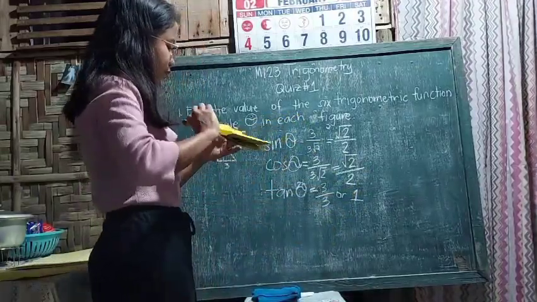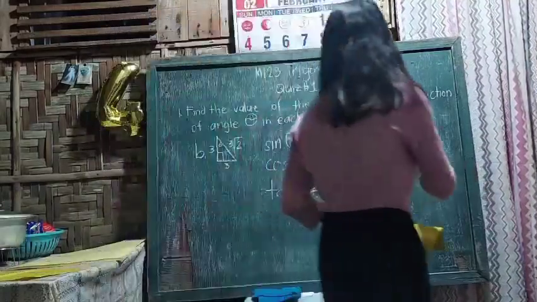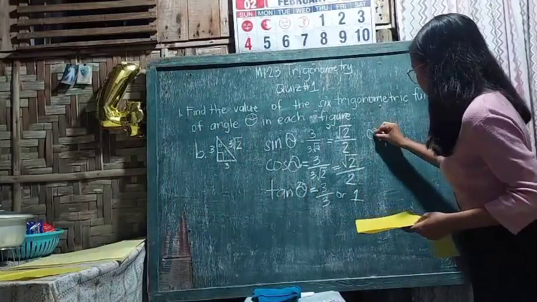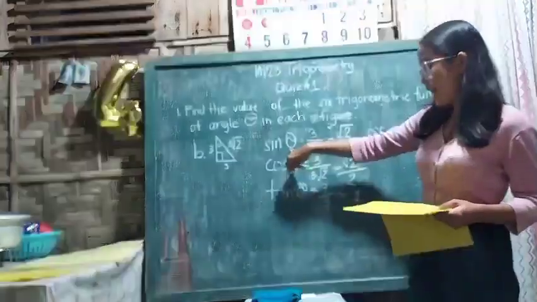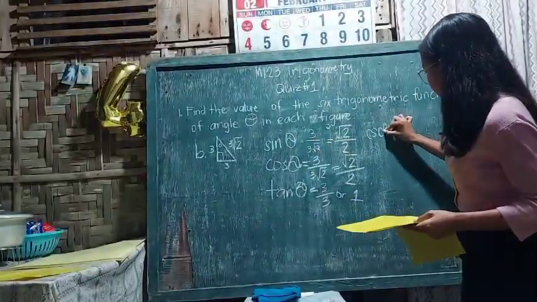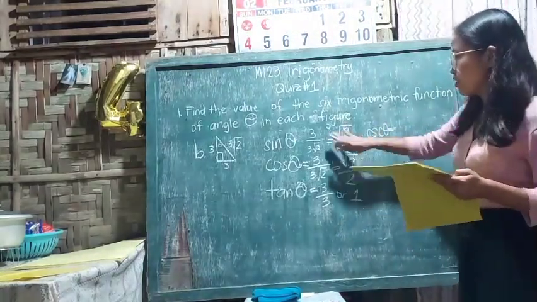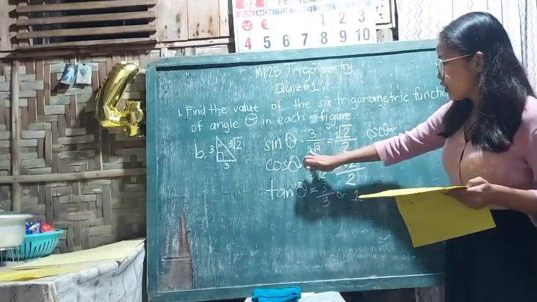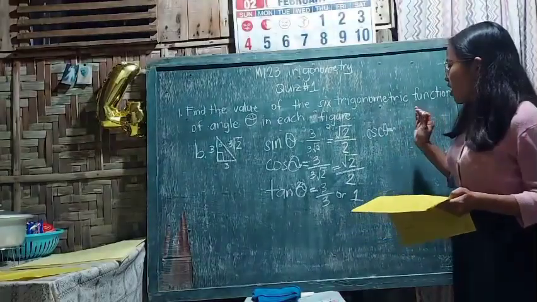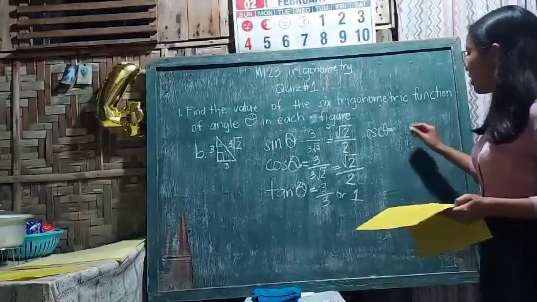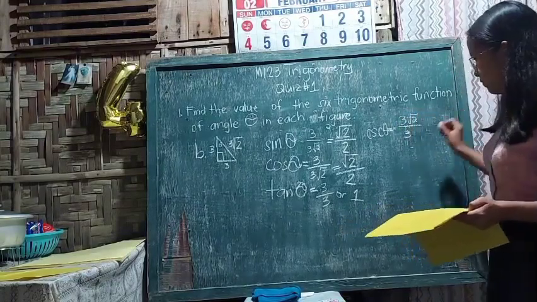Now for our cosecant, it is the reciprocal of our sine. So since our sine earlier is 3 over 3 square root of 2 from the values from our figure, we can say that our cosecant theta is 3 square root of 2 over 3.